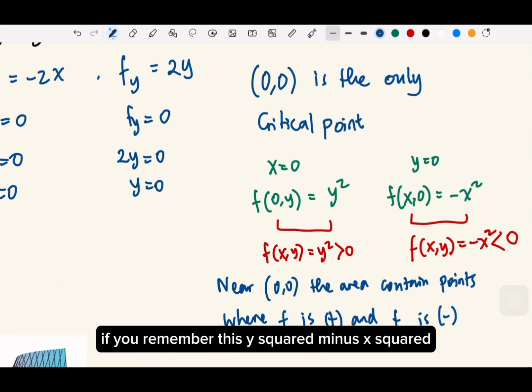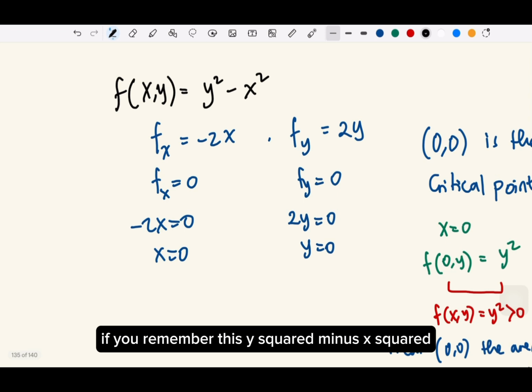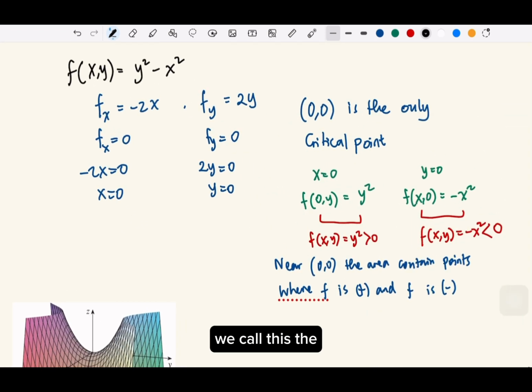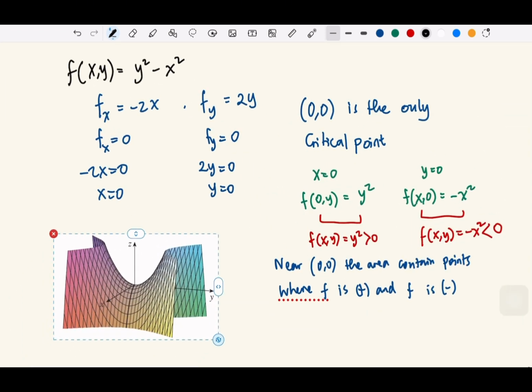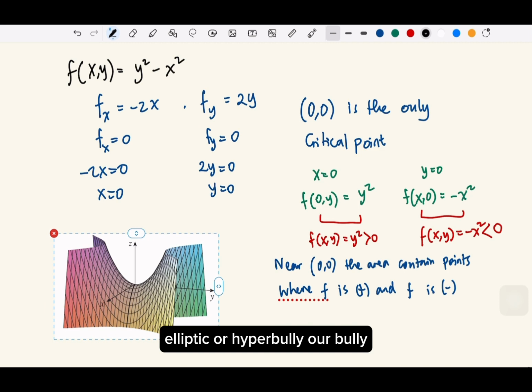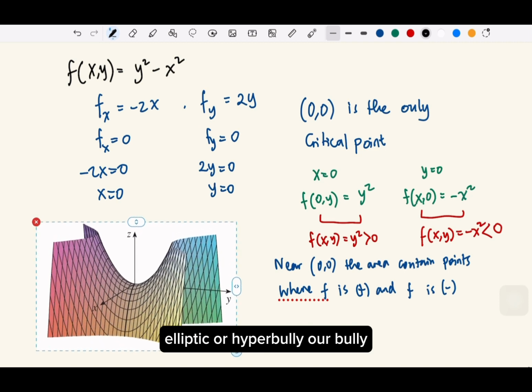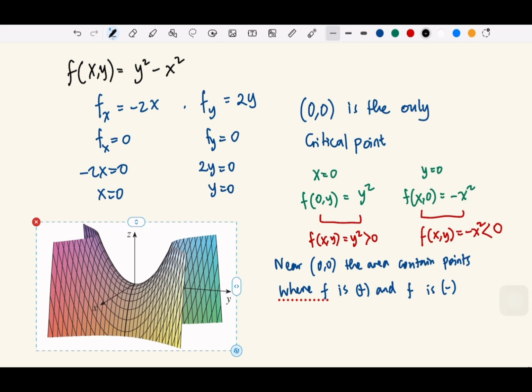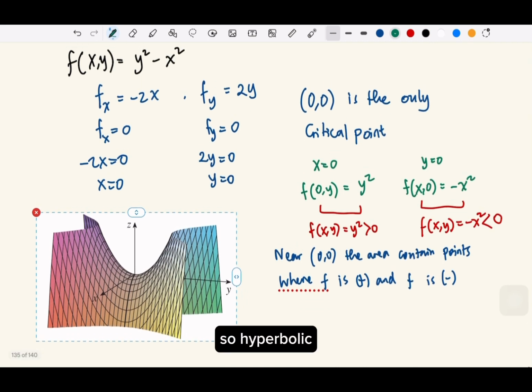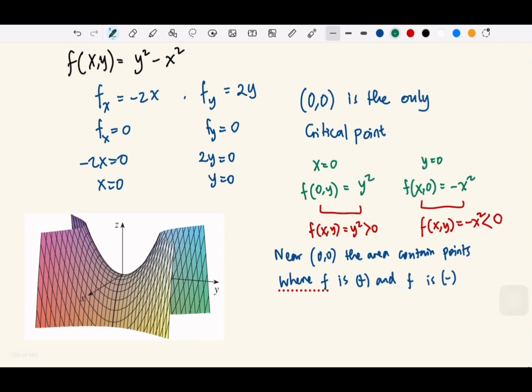If you remember, this y squared minus x squared, we call this the hyperbolic paraboloid.